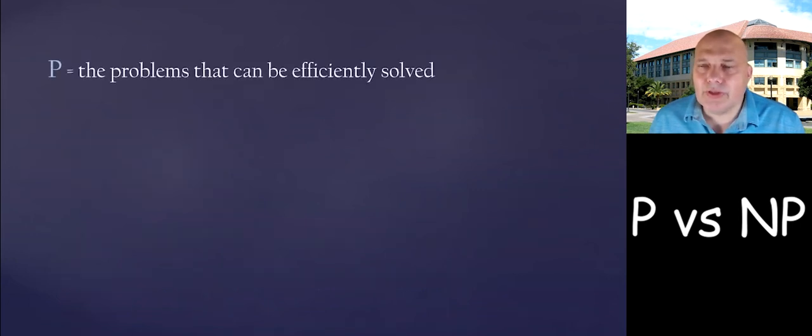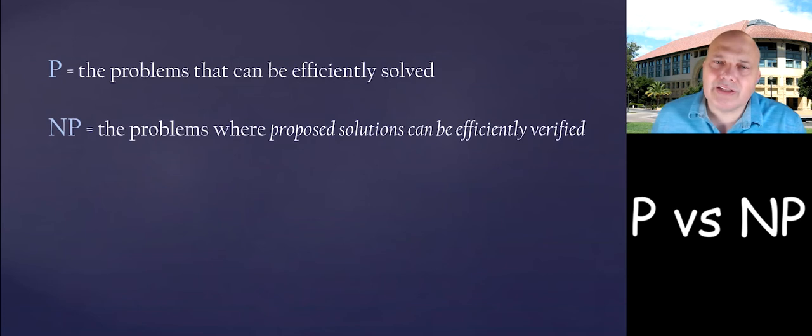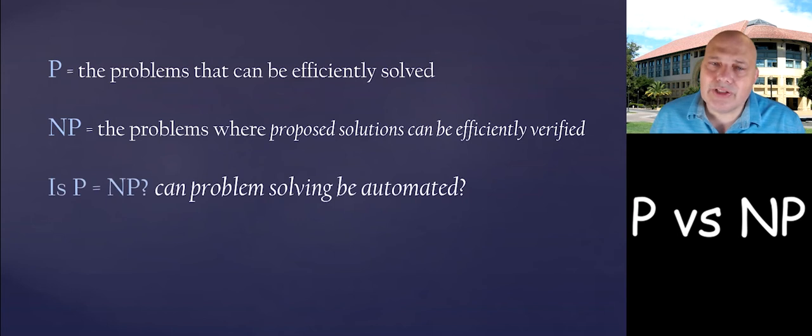So let's return to what we wanted to draw the analogy, and this is between P, the problems that can be efficiently solved, and NP, the problems that once you see a possible solution, you can efficiently verify it. So the question of P equals NP is, can problem solving be automated? If I have a problem in front of me, perhaps I cannot even verify if an answer is correct or not.